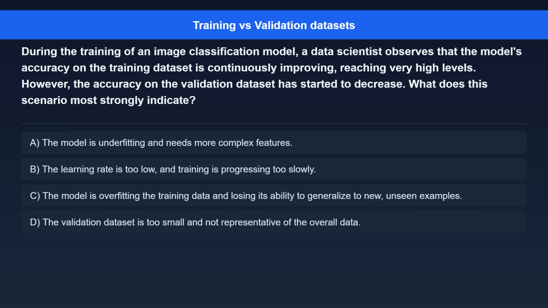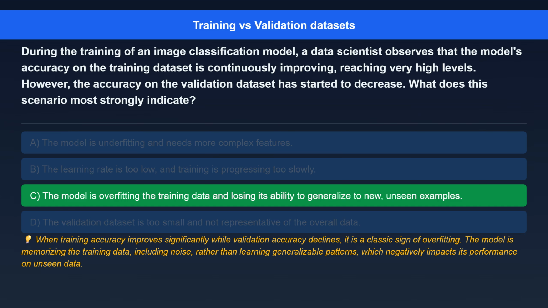Option B, the learning rate is too low and training is progressing too slowly. Option C, the model is overfitting the training data and losing its ability to generalize to new, unseen examples. Option D, the validation dataset is too small and not representative of the overall data.